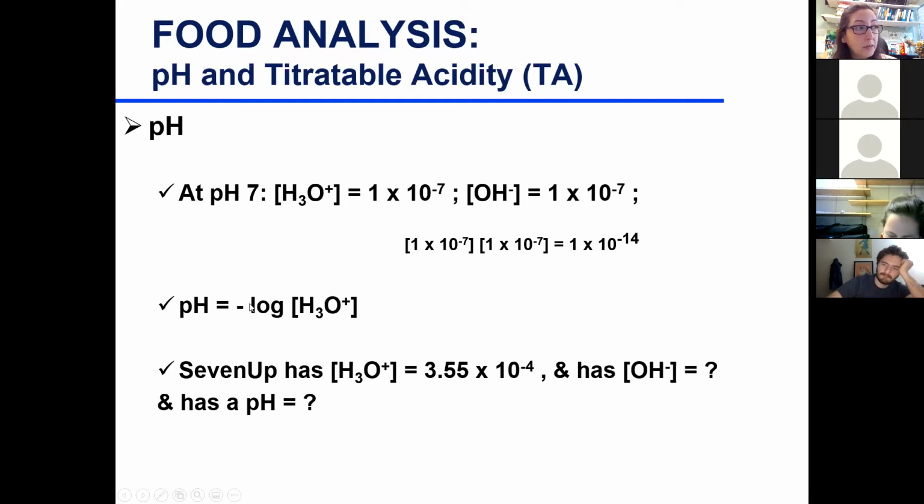So pH is basically the negative log of hydronium ion concentration. The negative log of 1 times 10 to the negative 7 is 7, and that is the pH of water. So when we have equal concentrations of hydronium ion and hydroxide ion, you have a pH of 7.